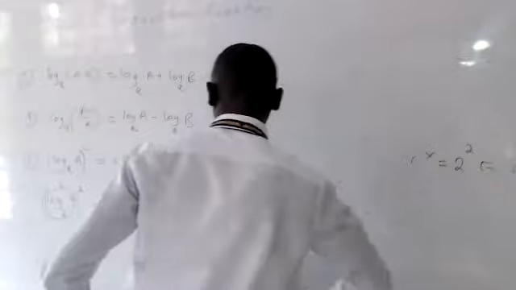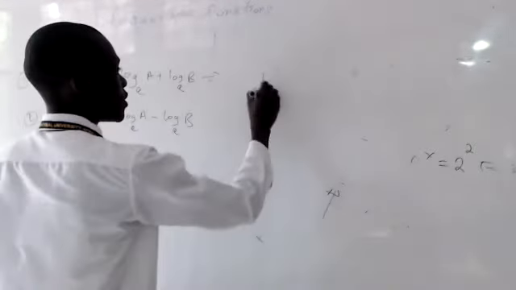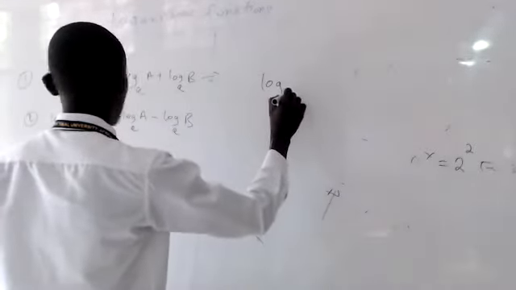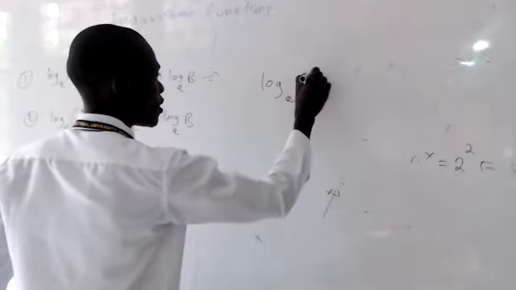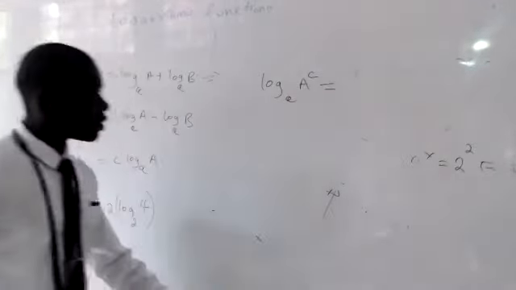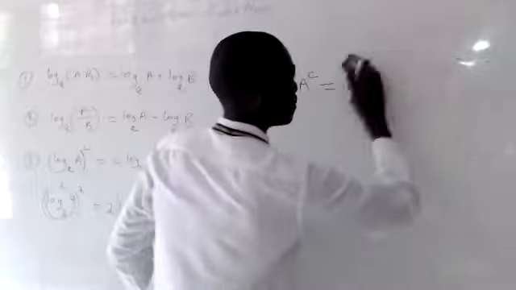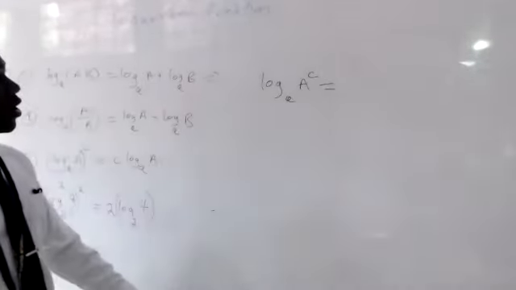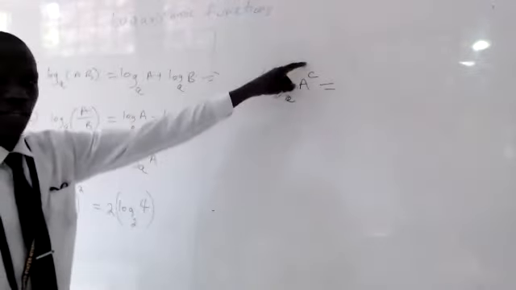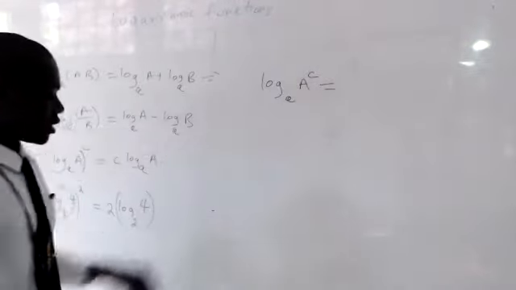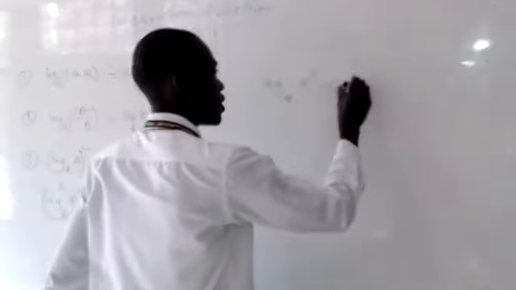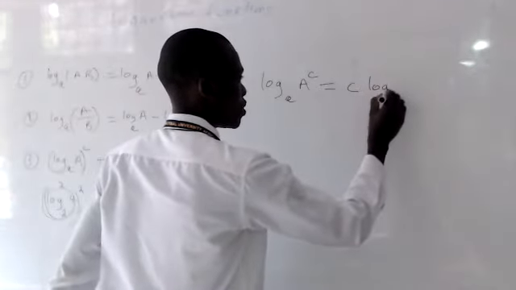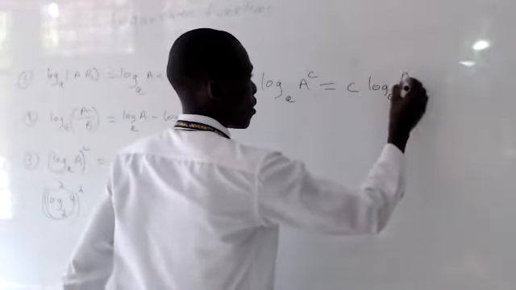Thank you so much. So you are asking if we have log to the base a of a raised to c. Yes, you still get the same: you still get c times log to the base a of a.